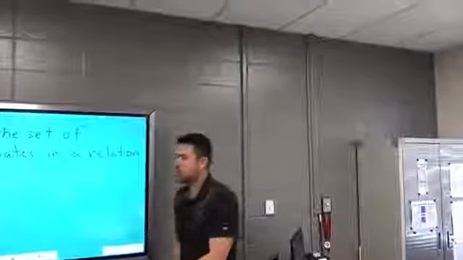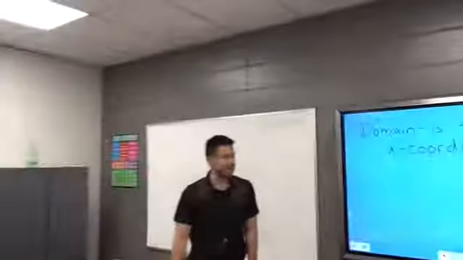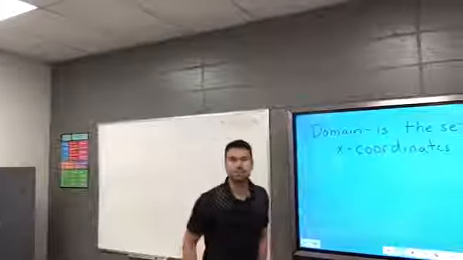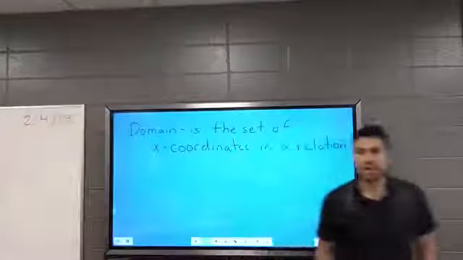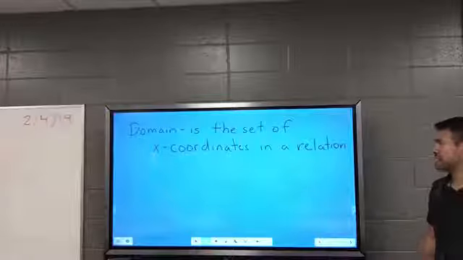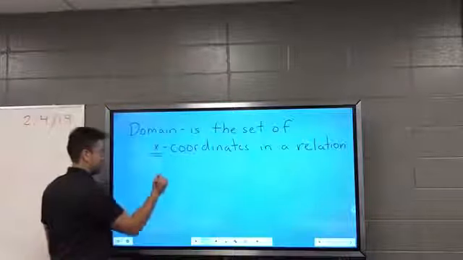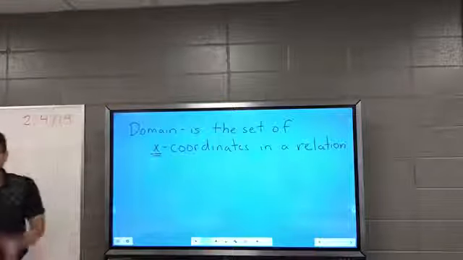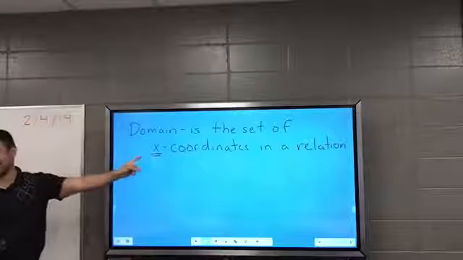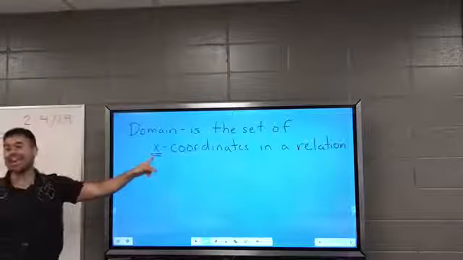And there's a set of ordered pairs which makes a relation. Okay. Fine. That's great. But I want to look at not only relations. I want to look at this term domain. Go ahead and get that definition. Domain is the set of x coordinates.